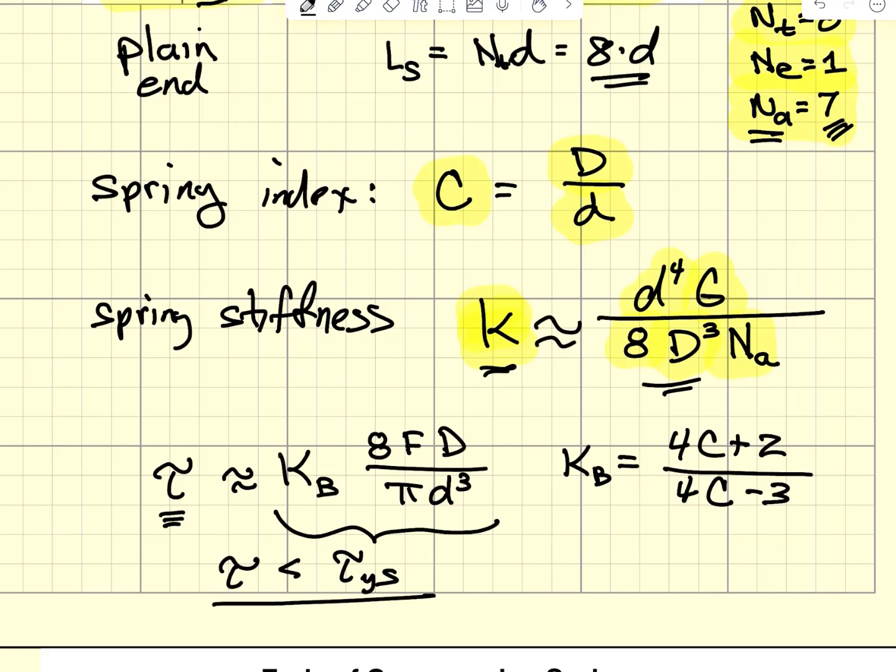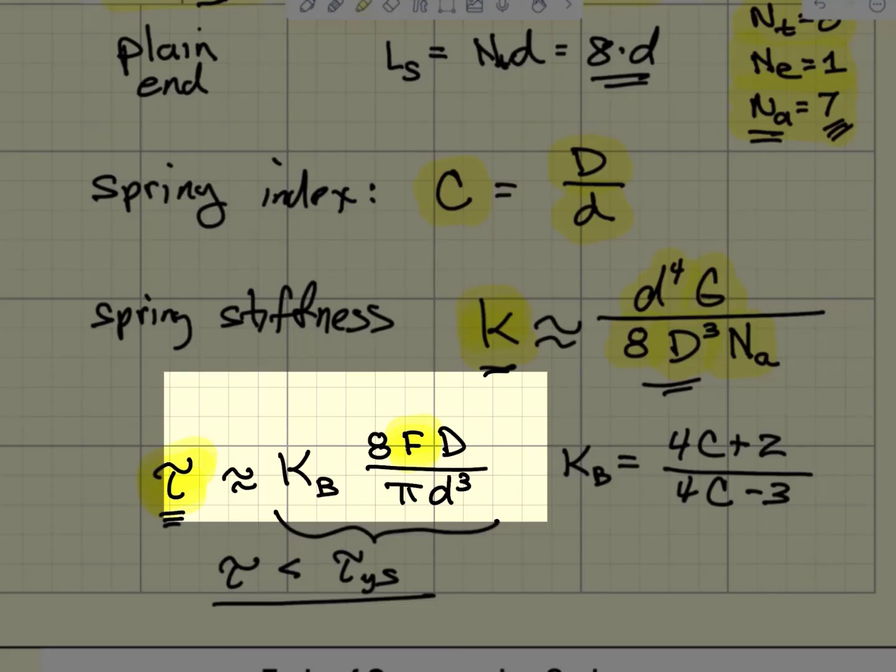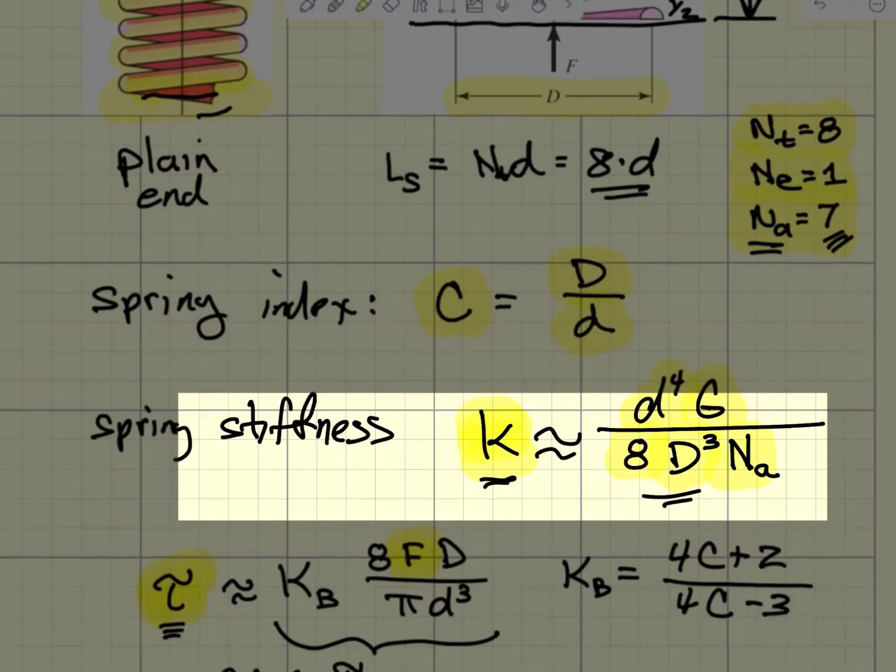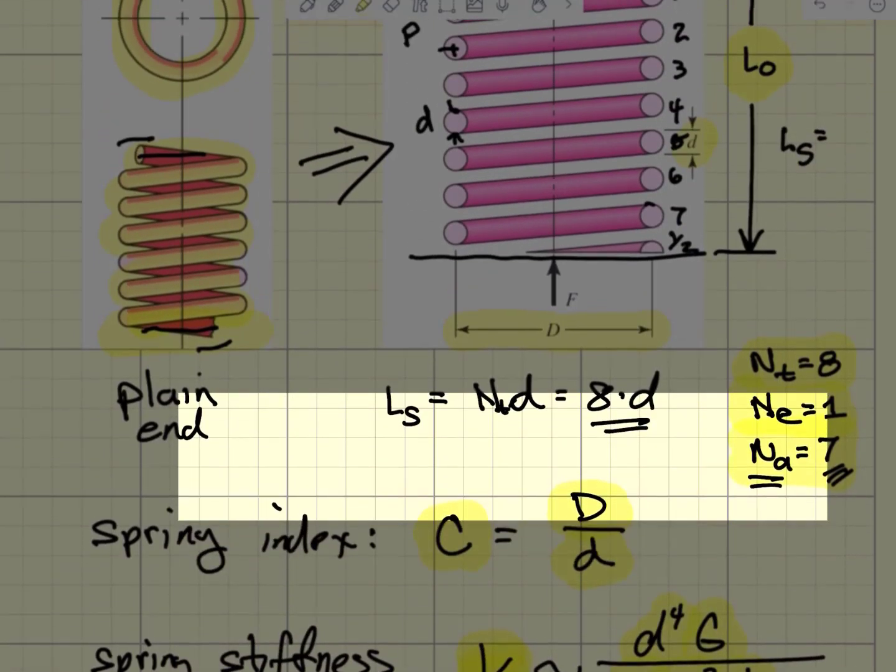And then, of course, under the influence of the maximum design load, that F, we want to figure out what the shear stress is going to be in the wires. We showed, using some simple calculations, that if we combine both the direct and the torsional shear, the maximum shear stress occurs along the inner surface of the coils.